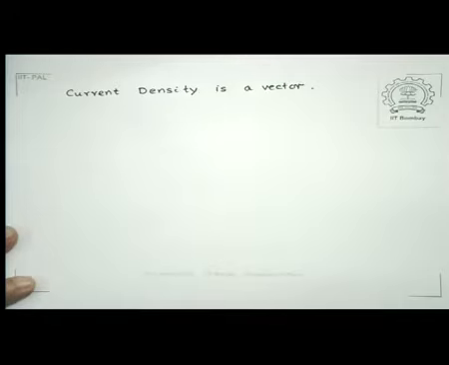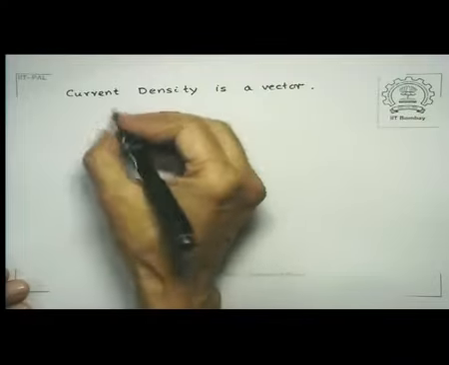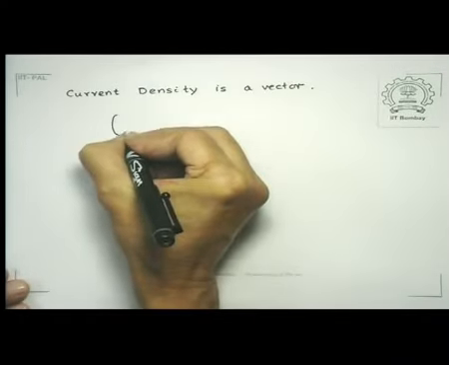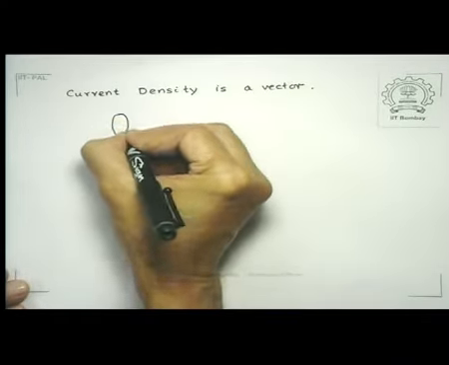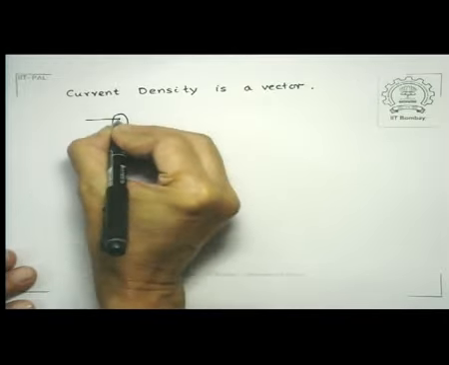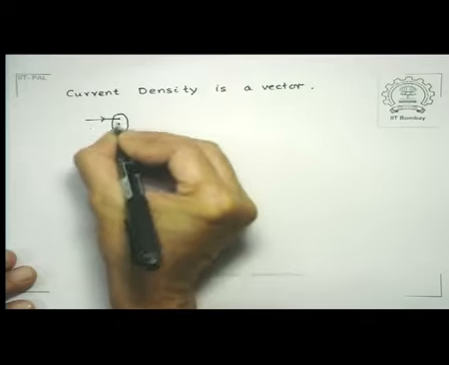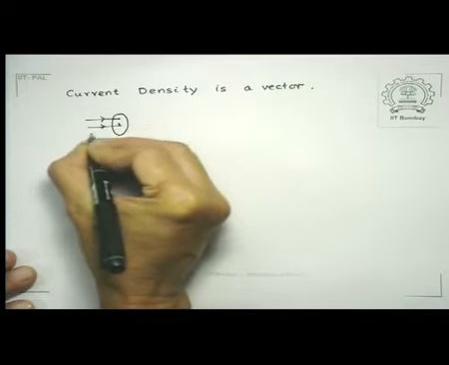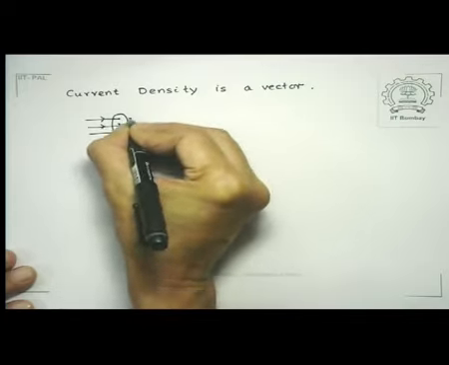So let me explain how it works. Let us suppose I am talking about a current which is passing through an arbitrary surface. Let me show you a surface here. This, let us suppose, is the end of a wire, the cross section of a wire, and the current is entering like this and is leaving from this surface.